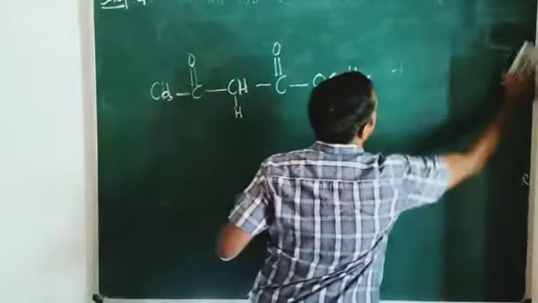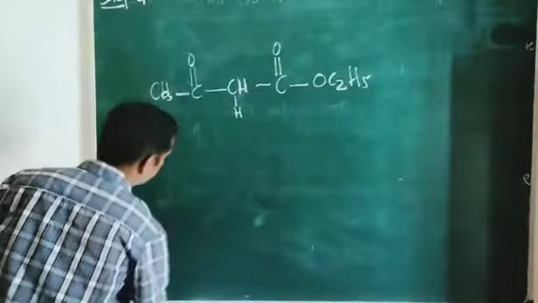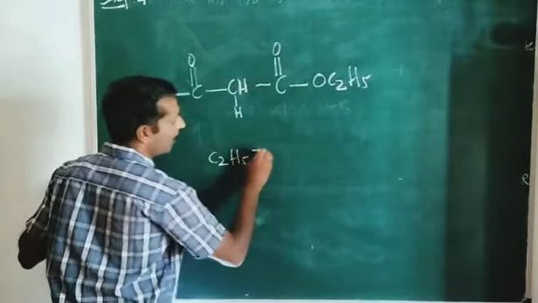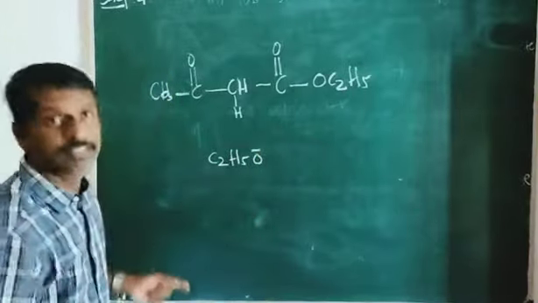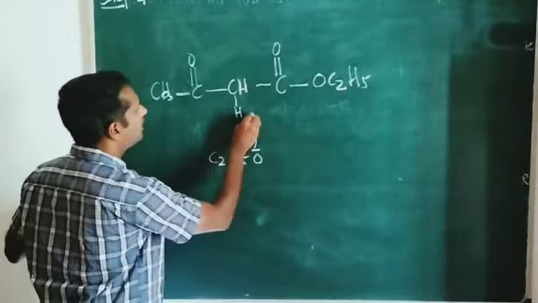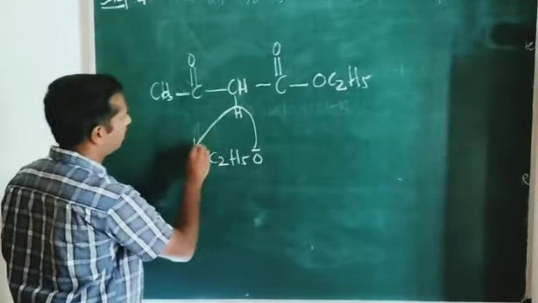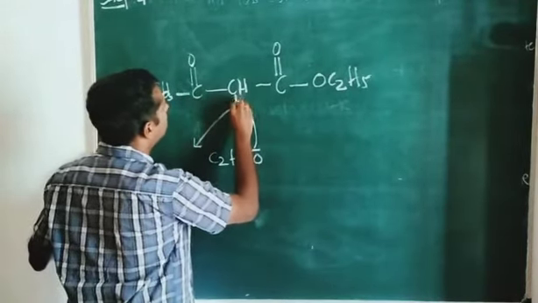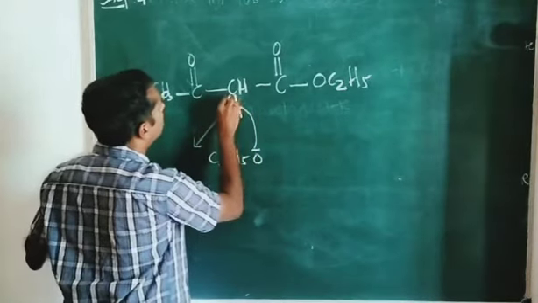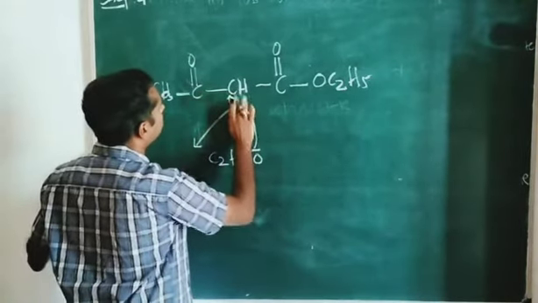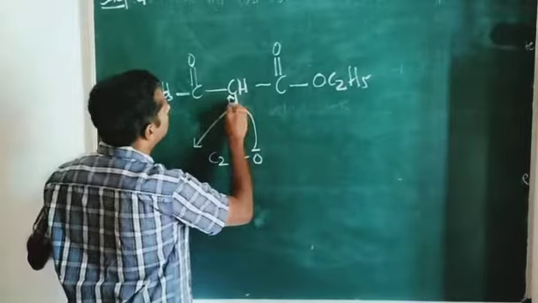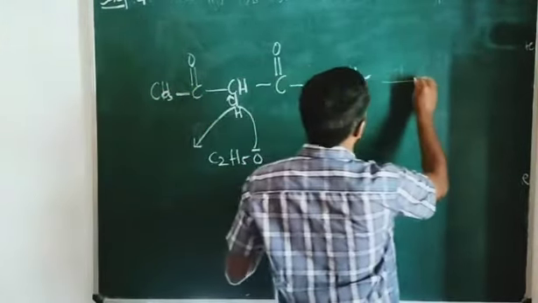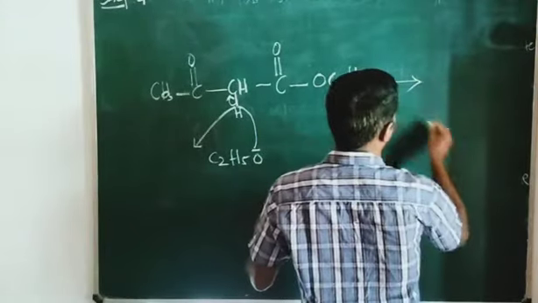Okay. The next step, what is happening in the fourth step? That ethoxide ion, C2H5O minus, formed in the third step will remove this acidic proton. And what will happen? This bond is shifting to this carbon, and we get a structure like this.